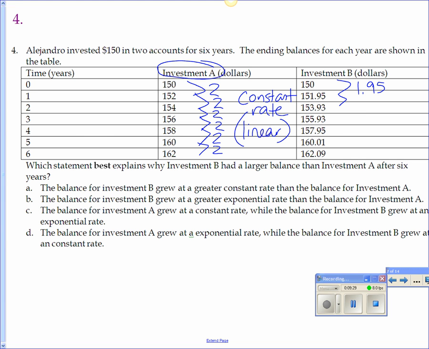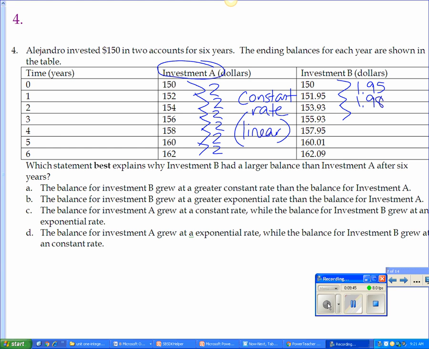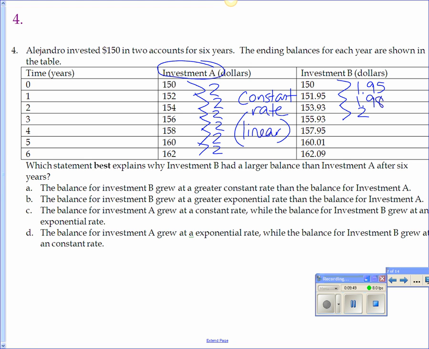What is it? $1.98. Okay, good. All right, the next one, 153.93 to 155.93. Back up. What did you get after the $1.98? 2. What did you get for the next one? $2.02. The next one? And the last one?